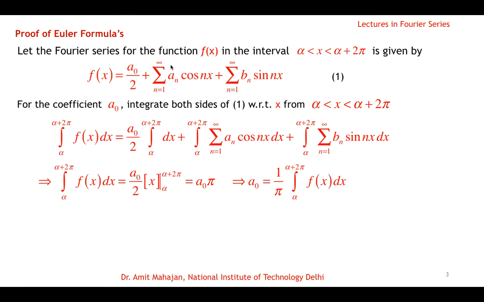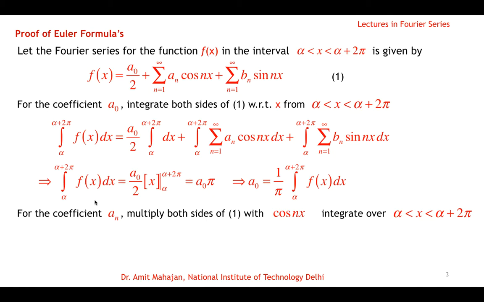To find this coefficient an, we multiply both sides of this equation with cos nx, for some fixed n, and then we integrate over this interval alpha to alpha plus 2 pi. So for an we multiply both sides with cos nx and integrate.